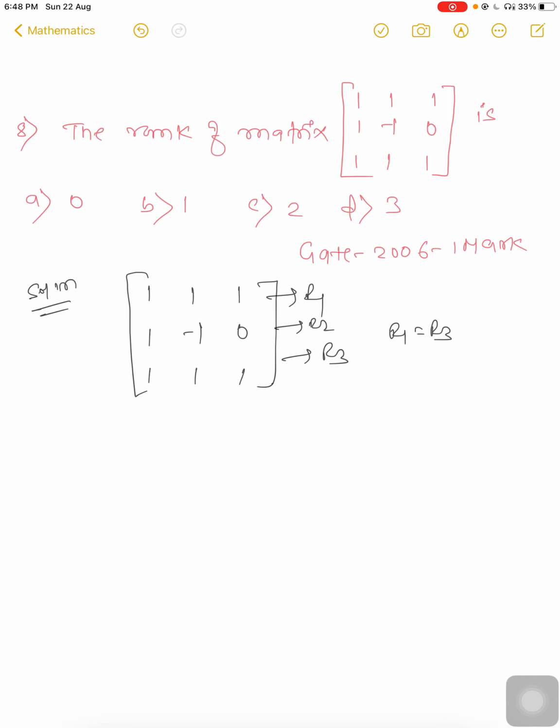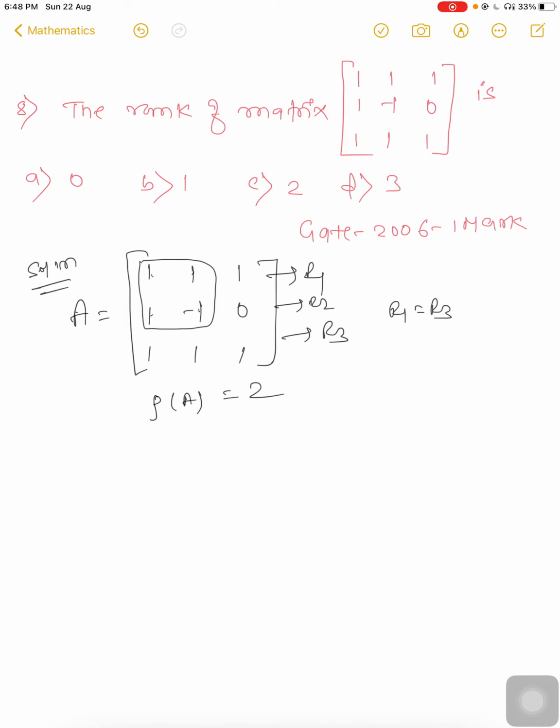Then we have to check any 2 by 2 matrix from this matrix, whether its determinant is 0 or not. If any one is not 0, then rank will be 2. So check this matrix, from here you will get -1, and here is -1, and then you get -2, so not 0. Let us consider this matrix A, so rank of matrix A will be 2.